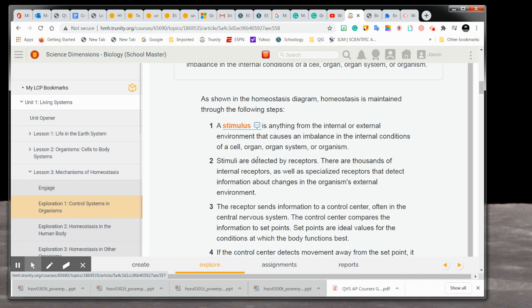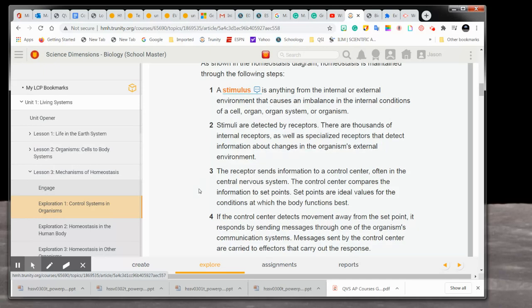Okay, there are thousands of internal receptors, in our nervous system, and on the cellular level, where these specialized proteins are detecting information about changes in our external environment.